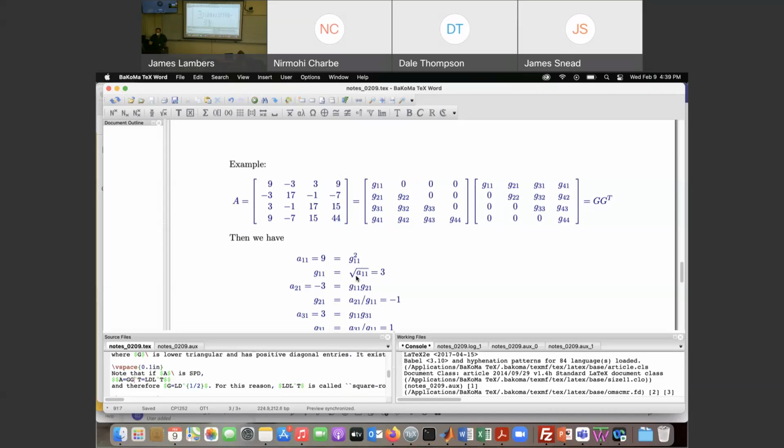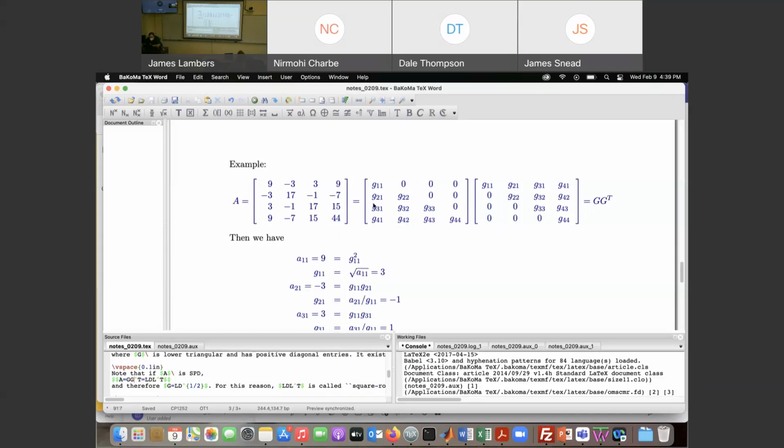And so here we see we have a square root, but the diagonal entries are always positive, so we know we're going to be taking a square root of a positive number. Always choose a positive square root because G, the Cholesky factor, is required to have positive diagonal entries. So now I have G11.